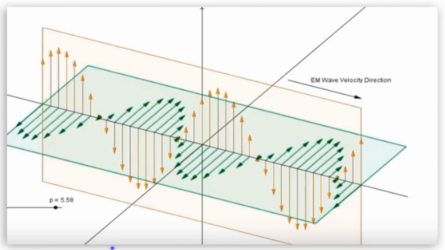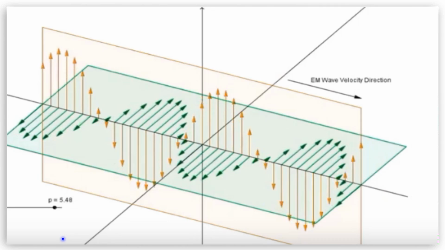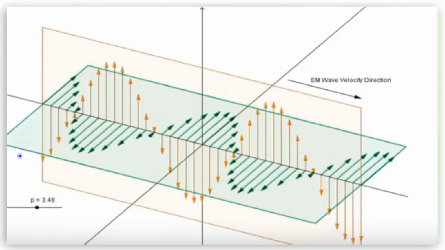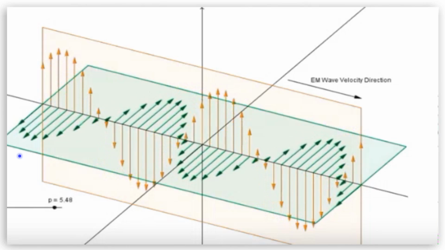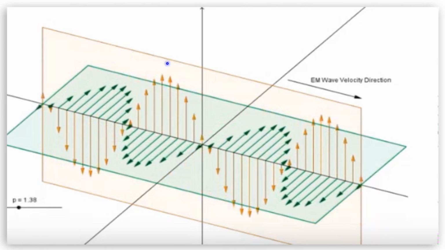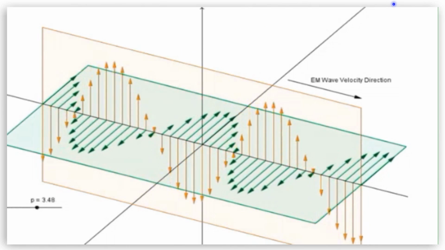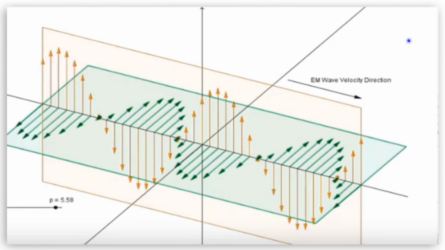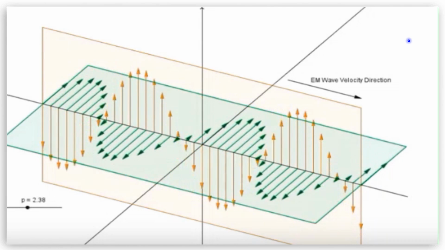You can see here how both are changing. It's very nice. So this is the propagation of the electromagnetic wave. That is, light travels in this way.